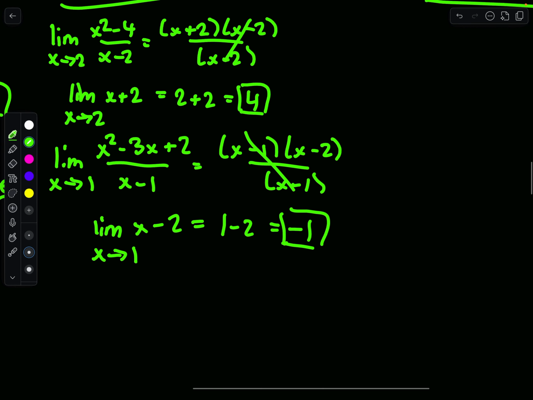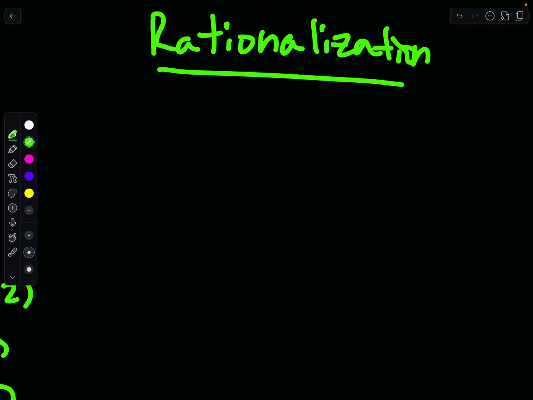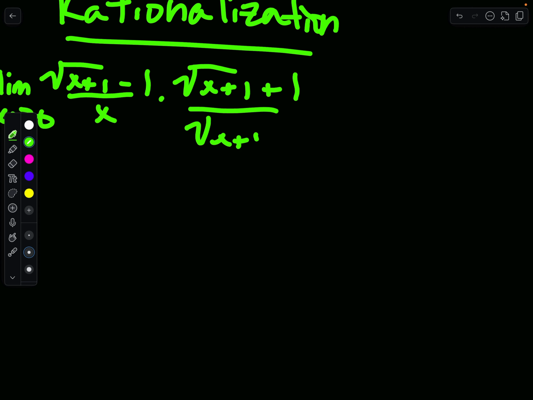Now the last case is rationalization. When square roots are involved, factoring isn't necessarily going to help. Instead, we have to multiply by the conjugate. One example of this might be the limit as x goes to 0 of root x plus 1 minus 1 over x. In this scenario, we multiply by the conjugate, which is root x plus 1 plus 1, in both the numerator and the denominator.